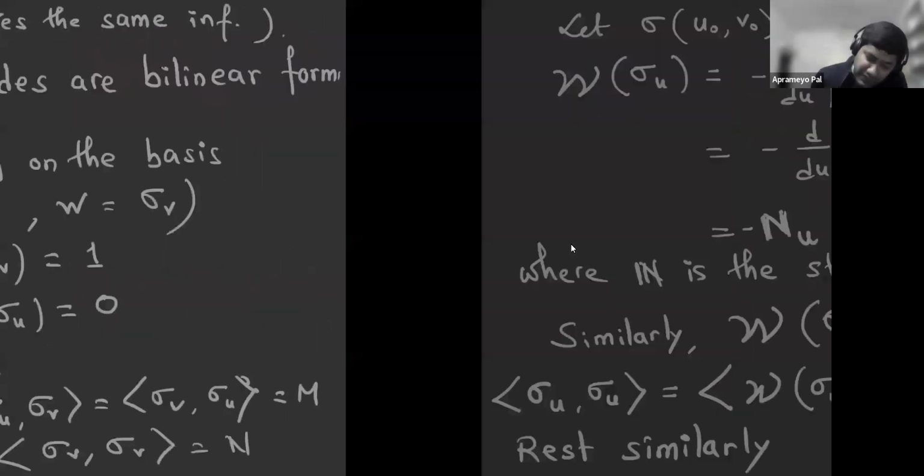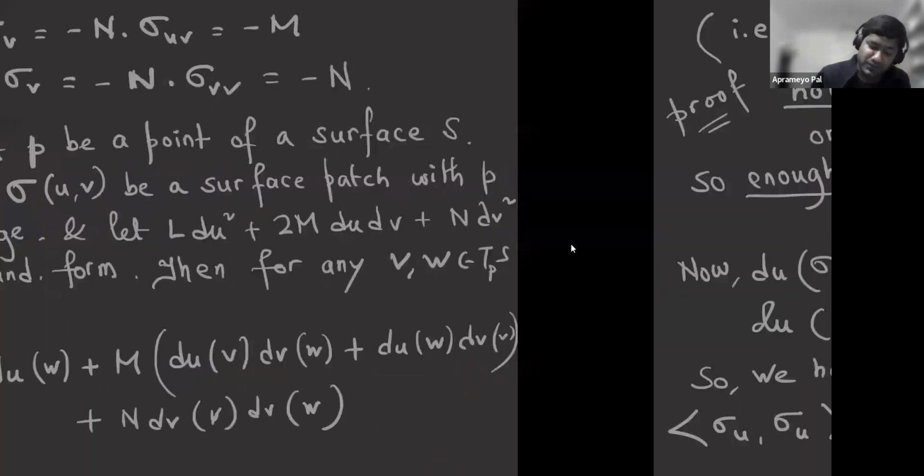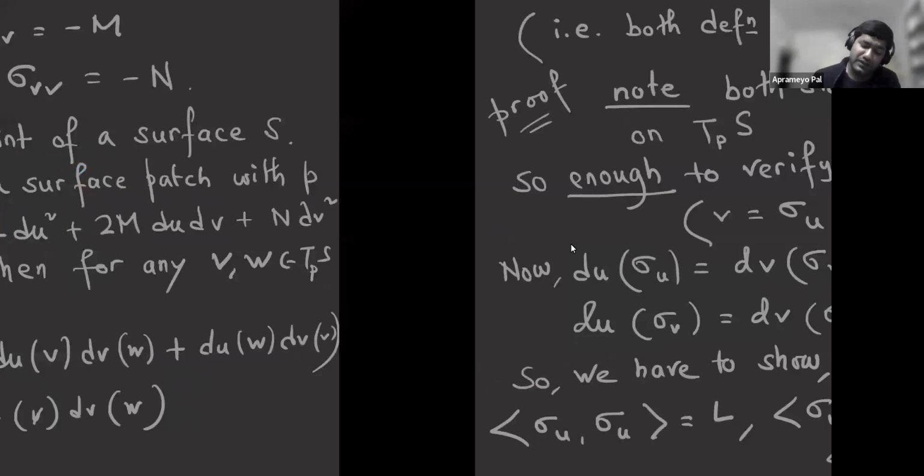If you interchange V and W, then this expression doesn't change. And here this doesn't change because it's the sum of these alternating things. And if you again interchange V and W, this doesn't change. So essentially the whole sum is the same. So it's an immediate corollary.